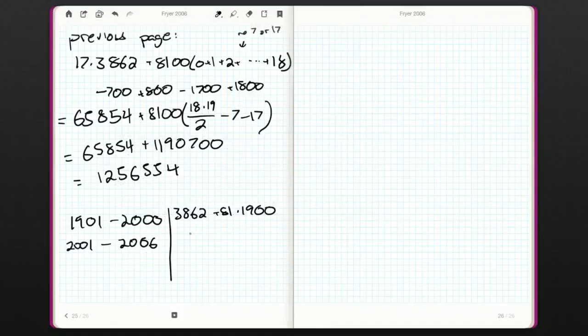That's 6 copies of 2,000, and then the sum of the numbers 1 to 6. That's 21 plus 6 times 2,000, 12,021. All right. So we need to add all this up.